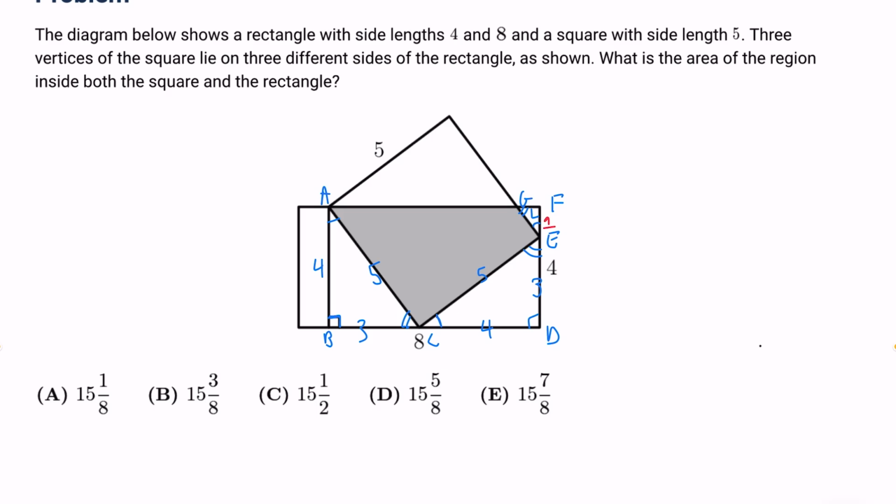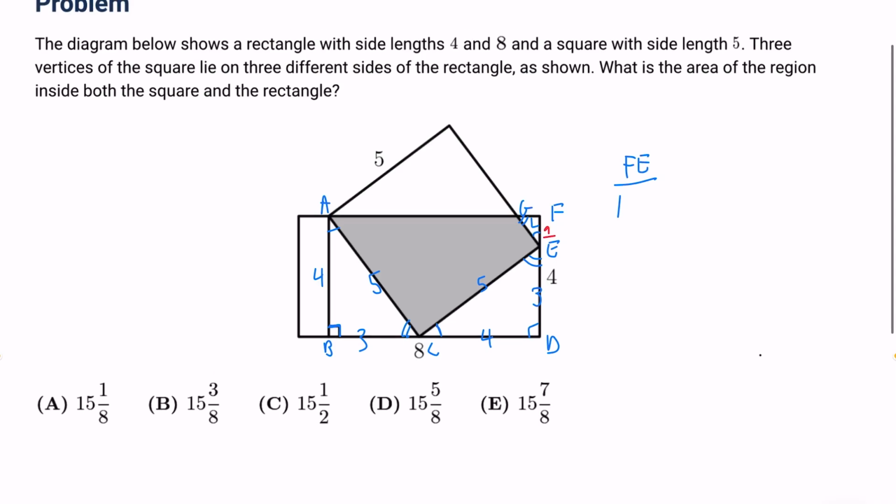So essentially, if we have FE over AB, we know that that's the ratio of the side lengths, which is 1 over 4. Well, then the ratio of the areas, like I just said, is the square of the ratio of their sides. So that means the ratio of the area would be this squared, which is 1 over 16.